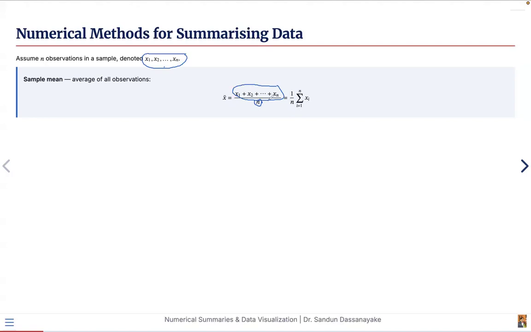Now I have given n as the number of observations, right? We have some deeper discussions about whether this is going to be n minus 1 or n, but let's keep them for a different discussion later. Today, we will be looking at all the concepts, like understanding all the names.